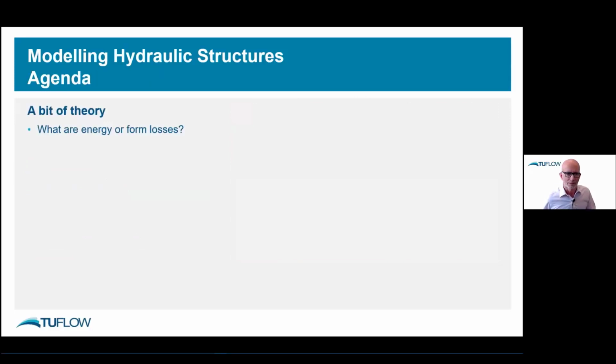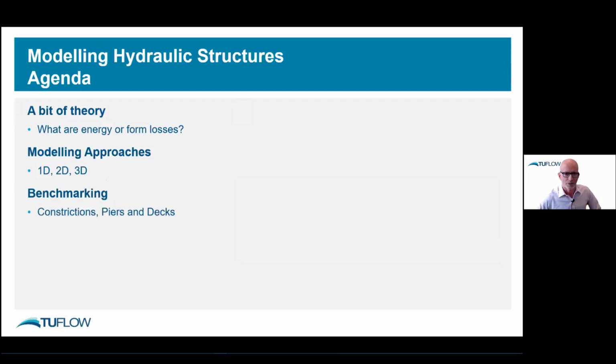So today's agenda, well, we can't escape this without a little bit of theory, so I'm going to dive in and give you my take on how to interpret what energy or form losses are and how they influence things. I'm then going to briefly cover the different ways you can model a hydraulic structure, 1D, 2D, 3D, just to give an overview of the options there.